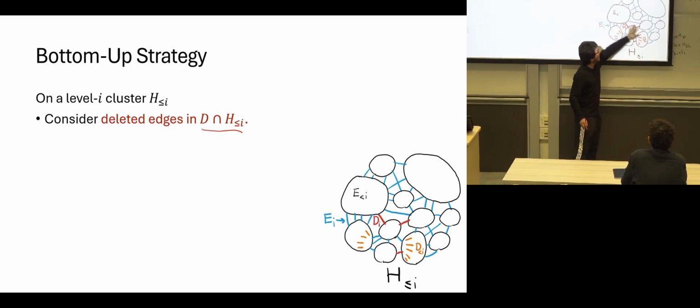These are the deleted edges in H. I use the orange ones to denote the deleted edges at level less than i, so they are inside the children of H. And the red ones are the deleted edges at level i.